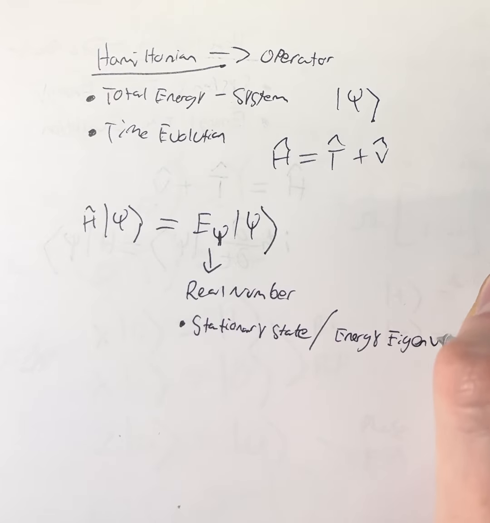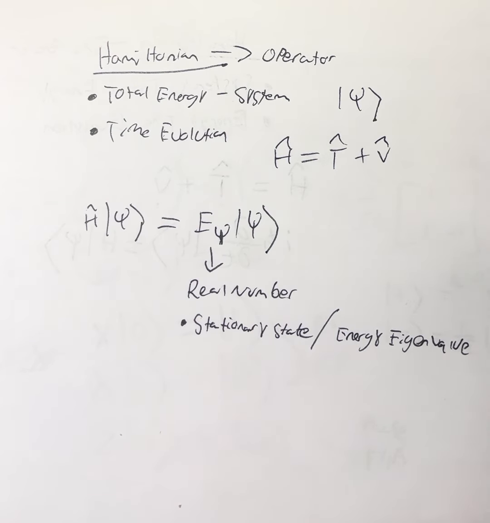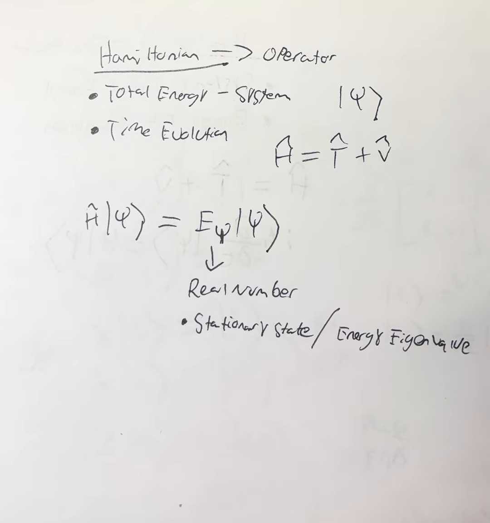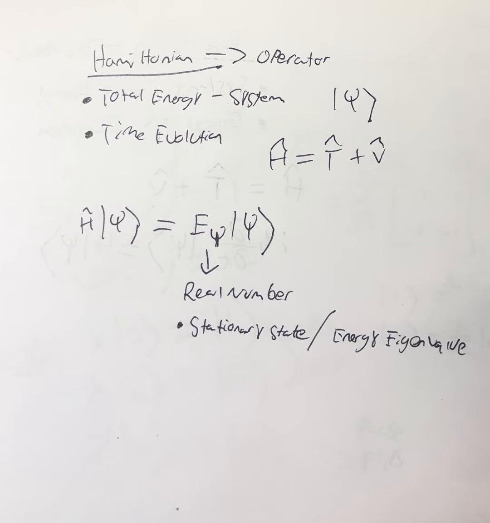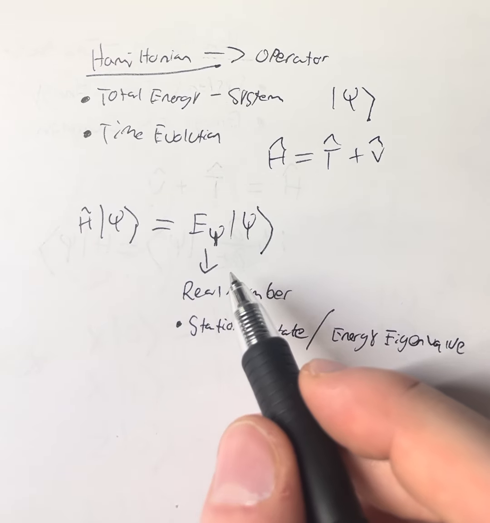You may remember the term eigenvalue from differential equations or linear algebra, depending on how far that went. And this describes the energy in a fixed state, a fixed point in time. So let's say you measure a quantum system at this point, and it has energy at this point in time.